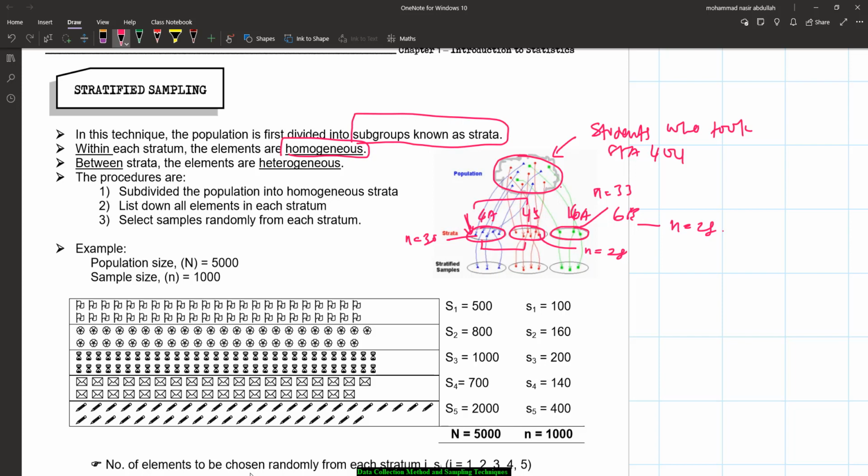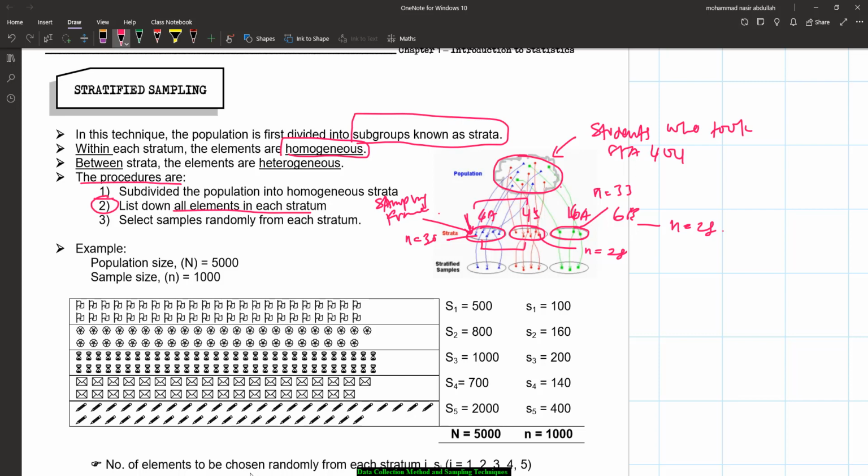So how to do stratified sampling techniques? The procedure is, first we need to subdivide the population into homogeneous strata, and we need to list down all elements in each stratum. It means we need to have a sampling frame for each group.